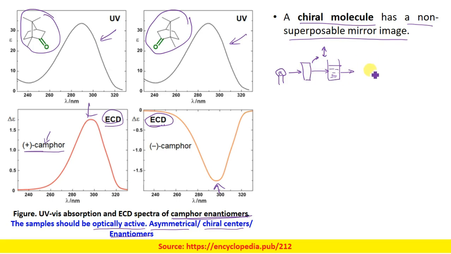What the dextro-rotatory sample will do is move the electric field in the clockwise direction, and this clockwise movement is called dextro-rotatory. If it is on the left-hand side, then it is called levo-rotatory, and it is given by this minus sign.